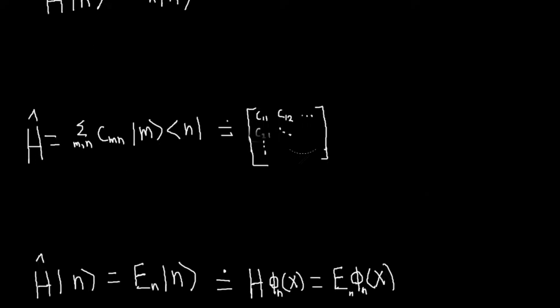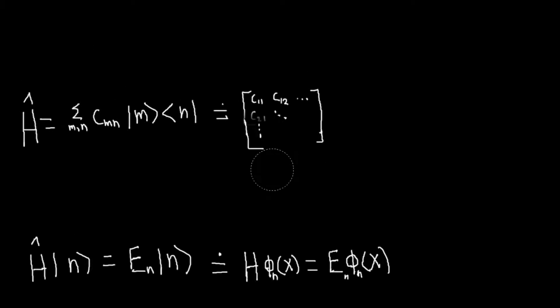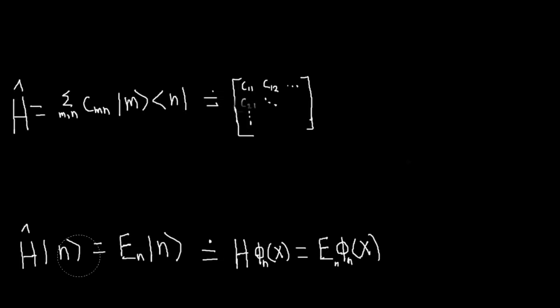So what happens for these more complicated systems is that this equation, rather than becoming a matrix equation, becomes a differential equation. Our Hamiltonian, instead of becoming a matrix, becomes a differential operator that acts on this phi. And our eigenfunctions will be the functions that satisfy this differential equation.